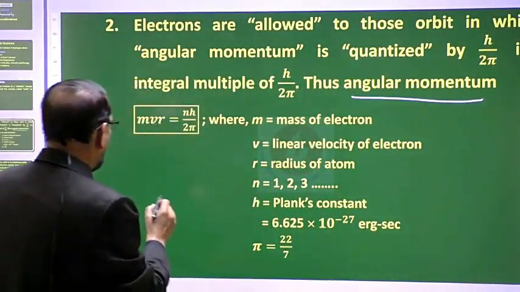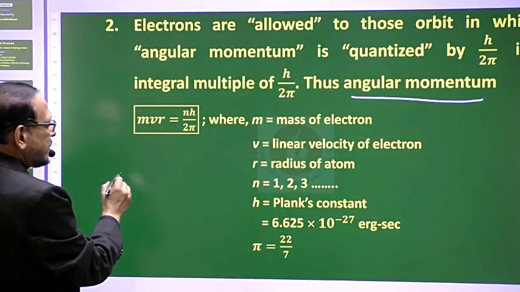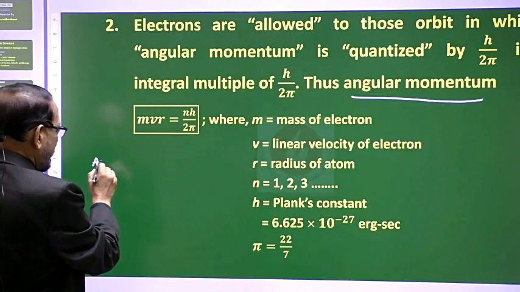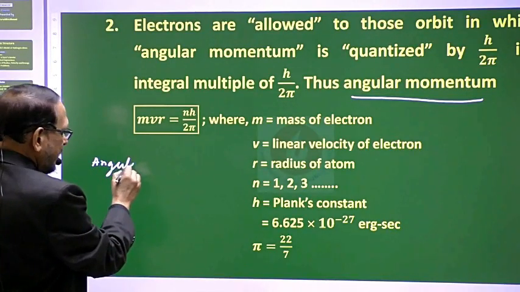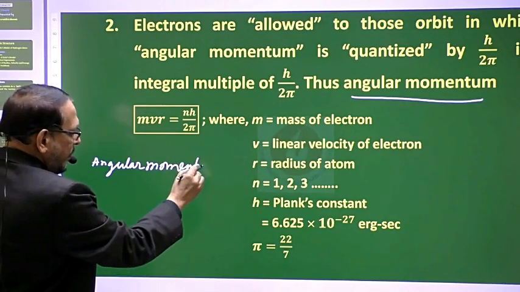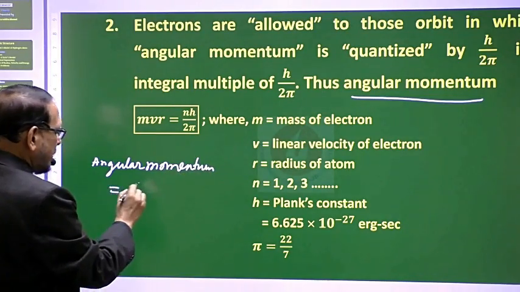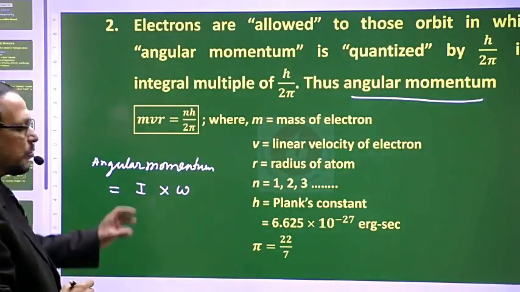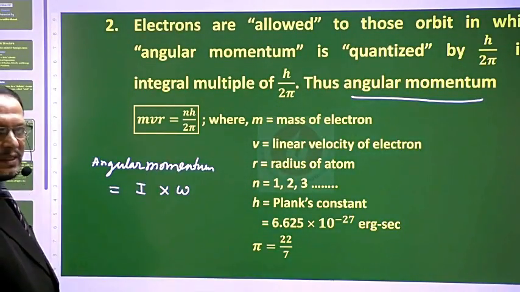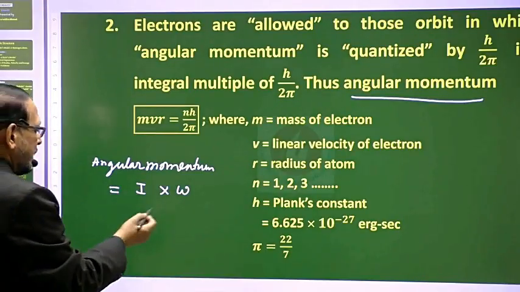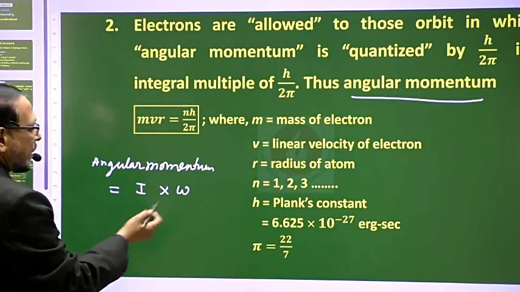We know the actual definition of angular momentum for a particle moving in a circular path: moment of inertia times omega. What is omega? It is the angular velocity when a particle revolves in a circular path.